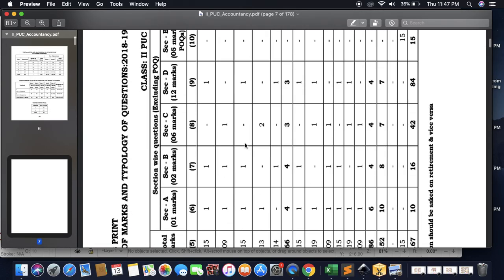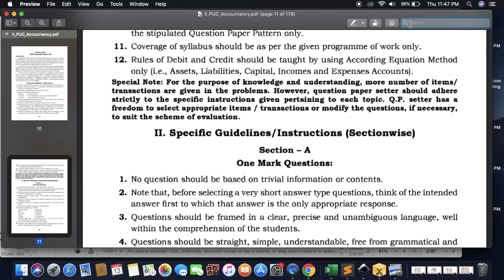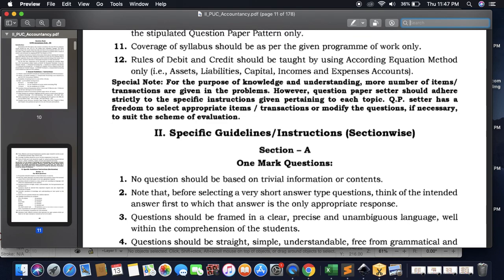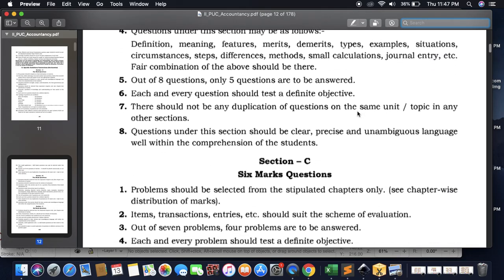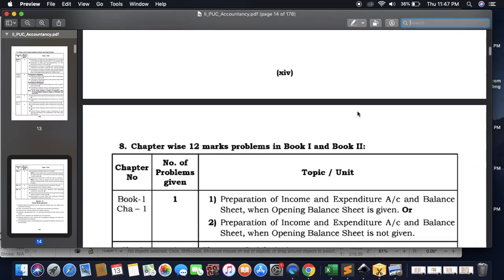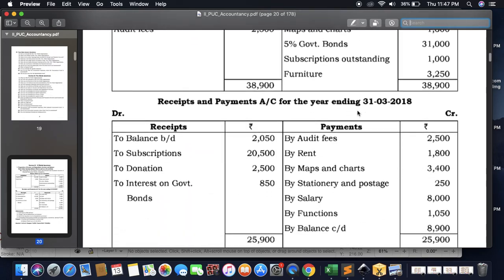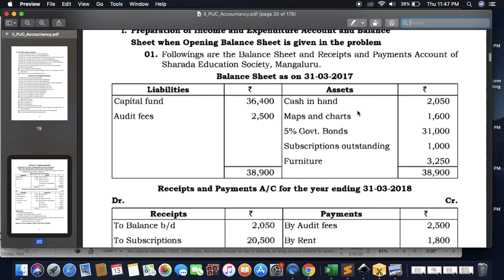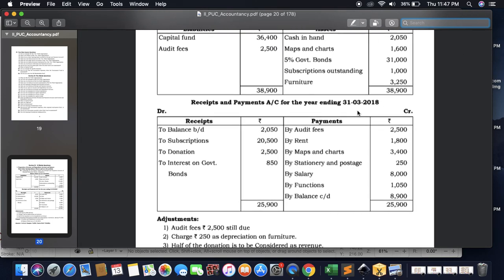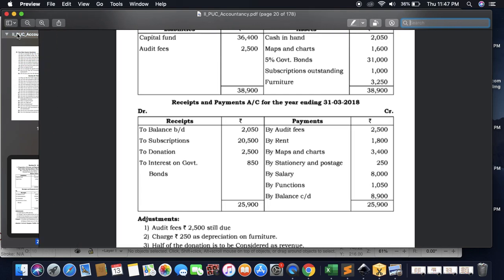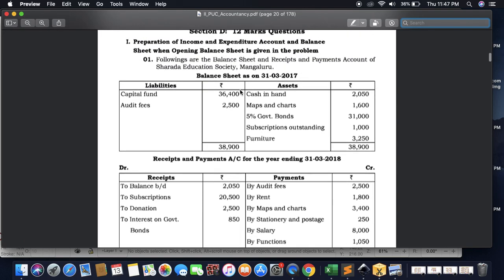So let us move to page number 20. Okay, let's go down. Yeah, so I hope you're able to see this. Let me remove the thumbnails.